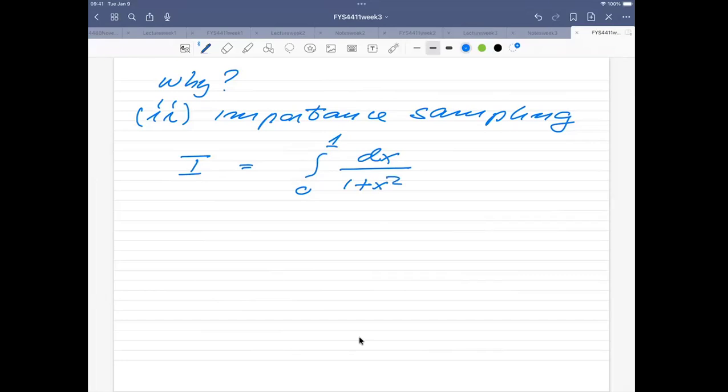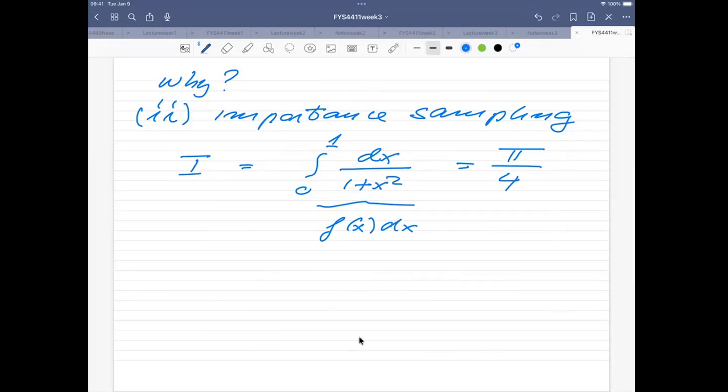Some of you may have seen this function. This is our function f of x dx. When we integrate it, it gives a famous result. If I had taken a factor 1 divided by 4 in front of it, I would actually have gotten pi. So this is a well-known integral.